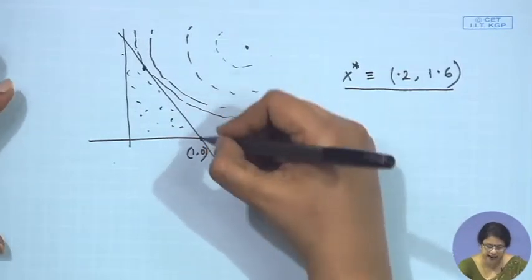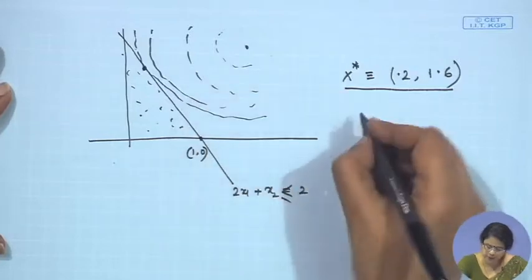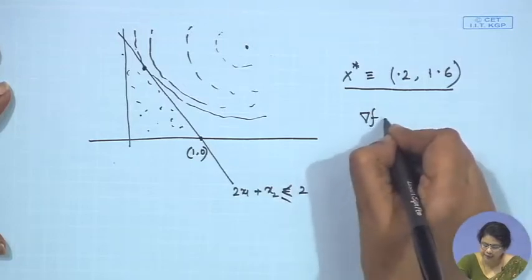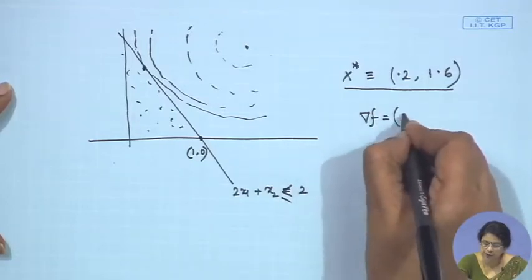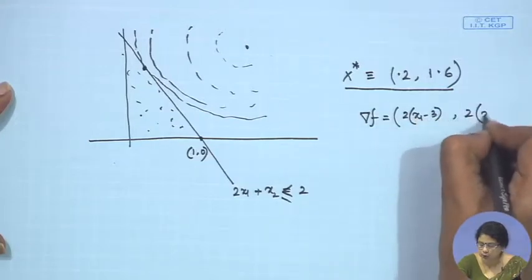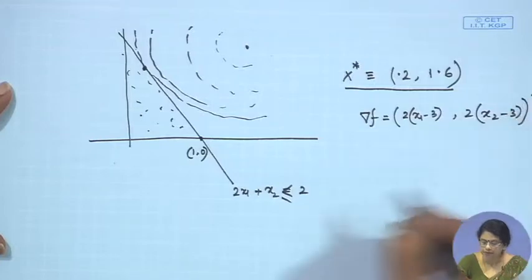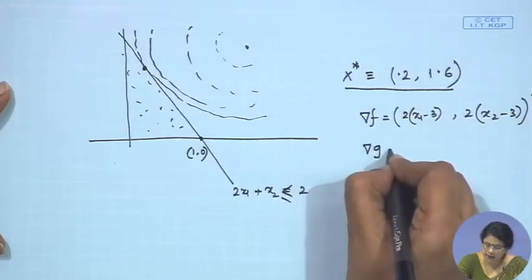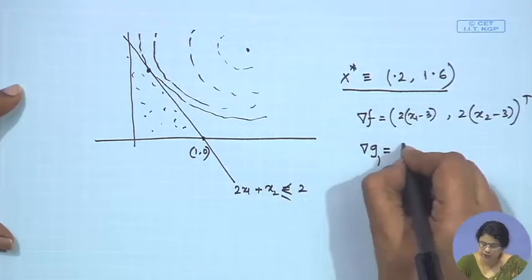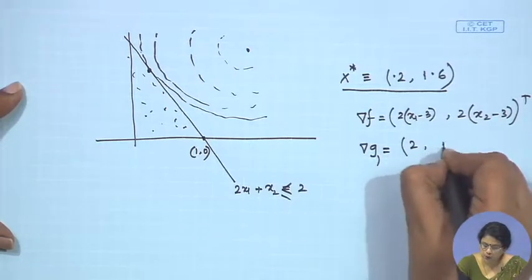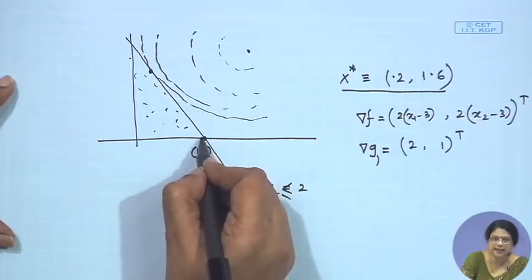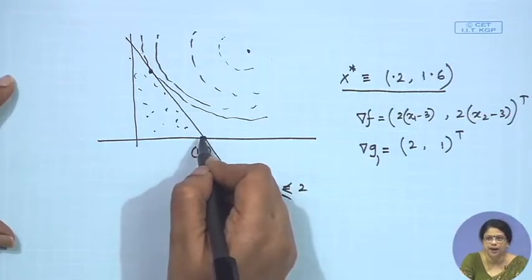That is why we can say that at this point, if I consider grad f and grad g differently, what is my grad f? Grad f would be 2x1 minus 3, 2x2 minus 3, and what is grad g? Grad g, I mean to say grad g1, would be 2, 1. That is why if I just stand here, okay, what is the value for 2, 1?